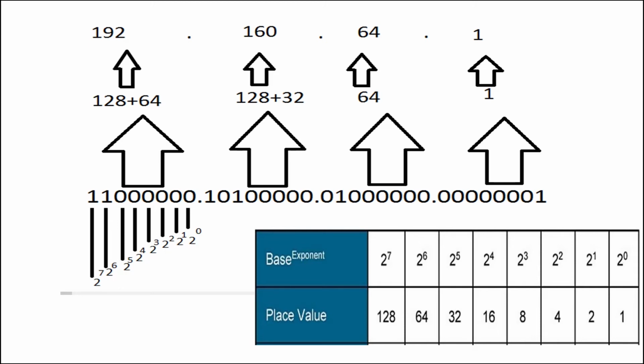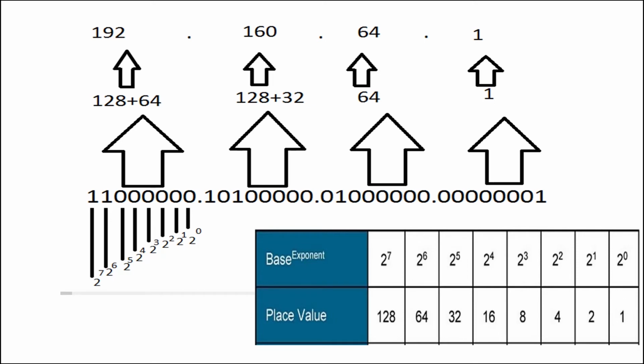From the left hand side, you can see the first octet has 1 1 and all other 6 bits are zeros. I have made a notation that in the first octet, the right hand side's first bit represents the 0th position, so the value is 2 to the power 0.